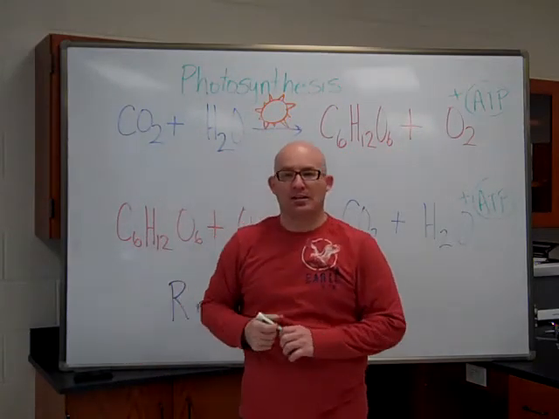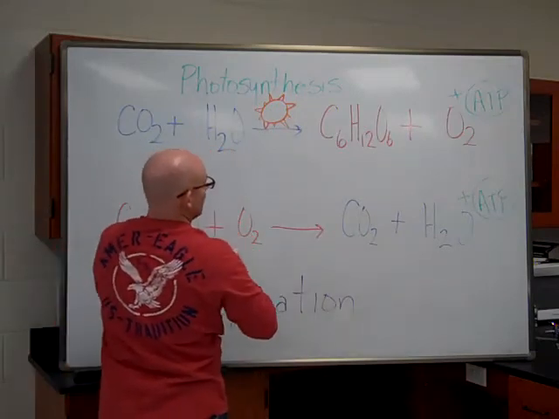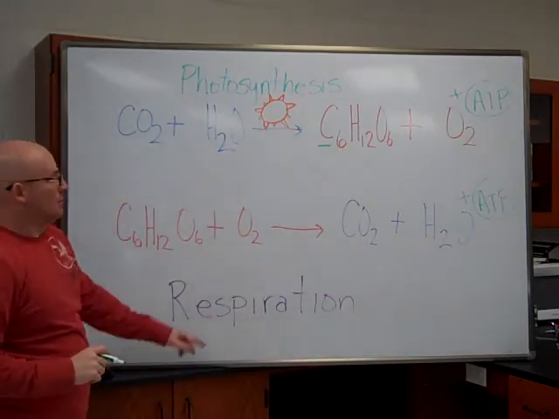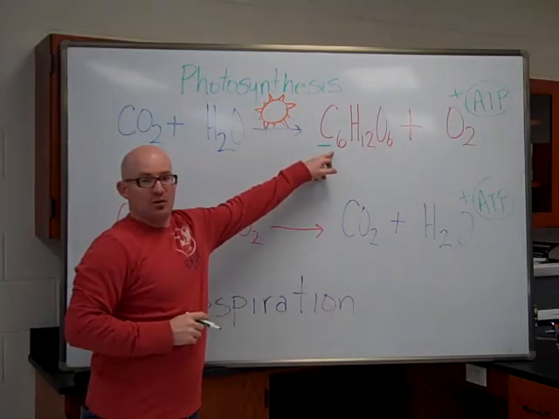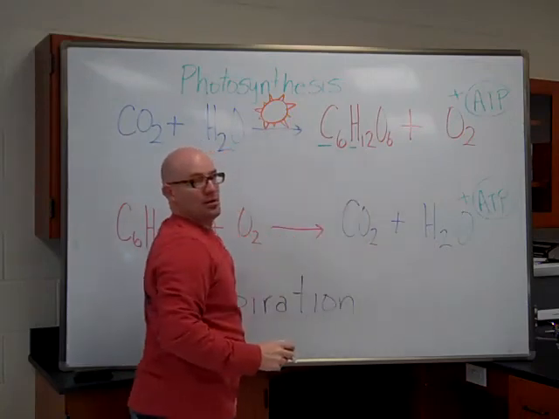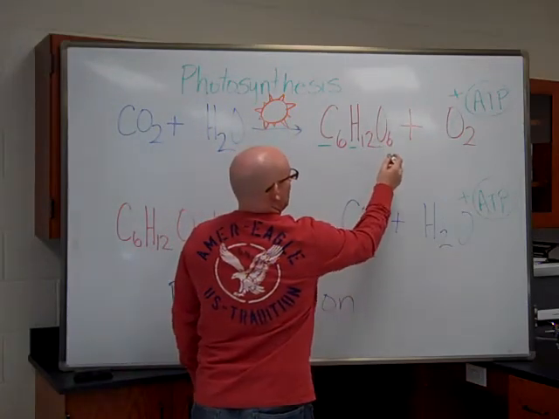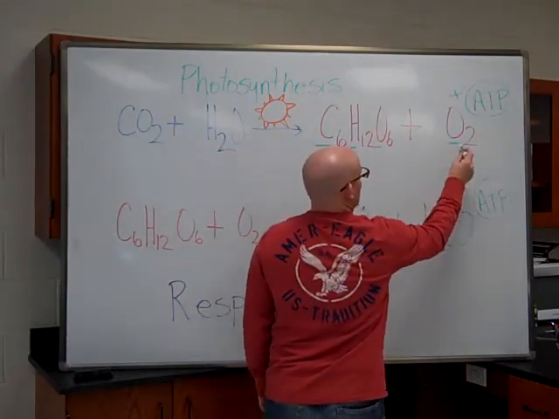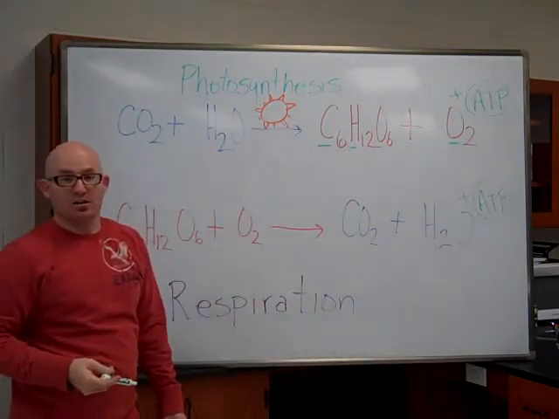So literally, we can say, where do we get the carbons that make the sugar? Where do we get the hydrogens that make the sugar? And the oxygens that make the sugar. And also the oxygens that make the oxygen.